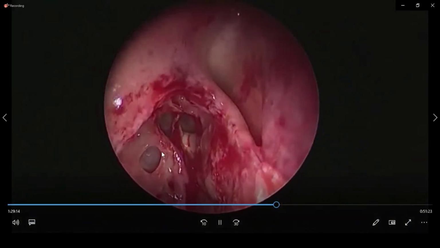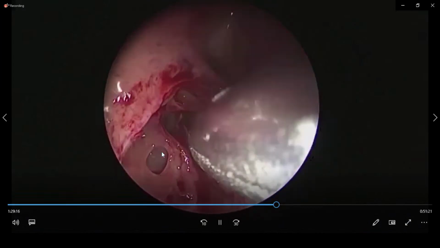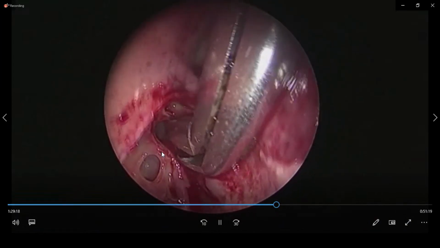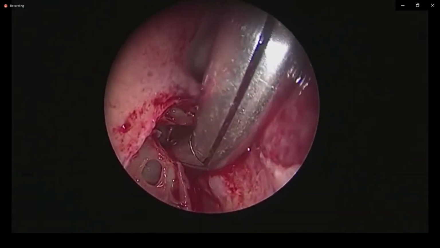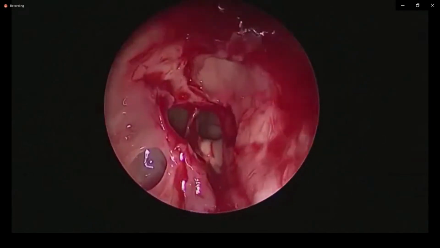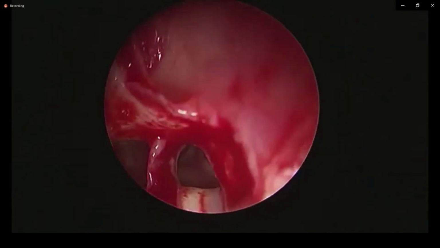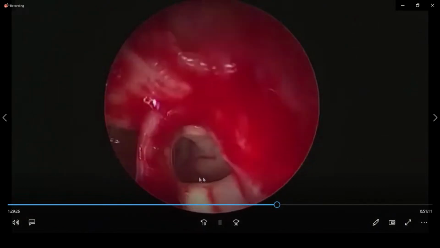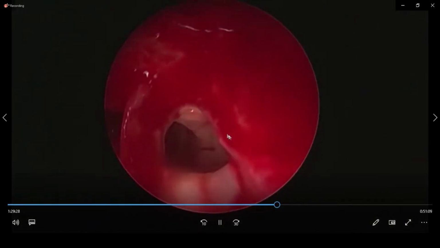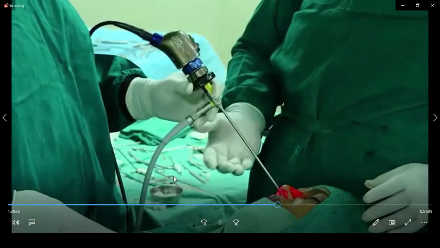So the difference between cell and the sinus is the cell wall is always thinner. Cell wall is transparent. You can see through it, but not the sinus wall. See the two openings? The medial wall is the sinus one, and the lateral one is the type 3 cell. Can you see?